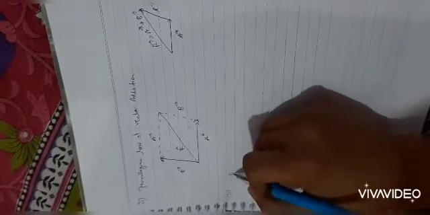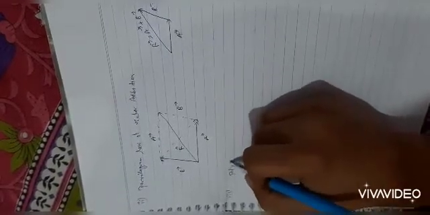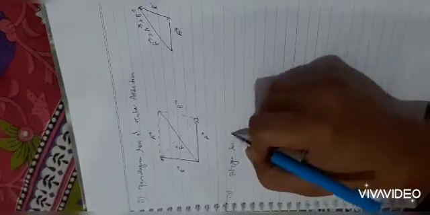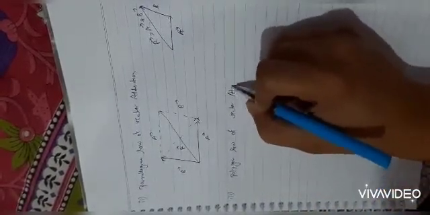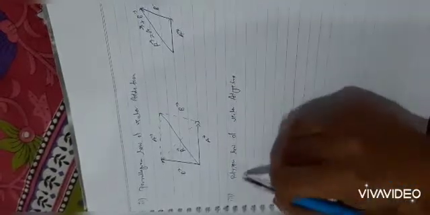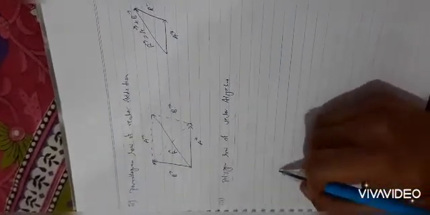Now the third one is the polygon law of vector algebra. In the polygon law, what is the concept of connecting the vectors?